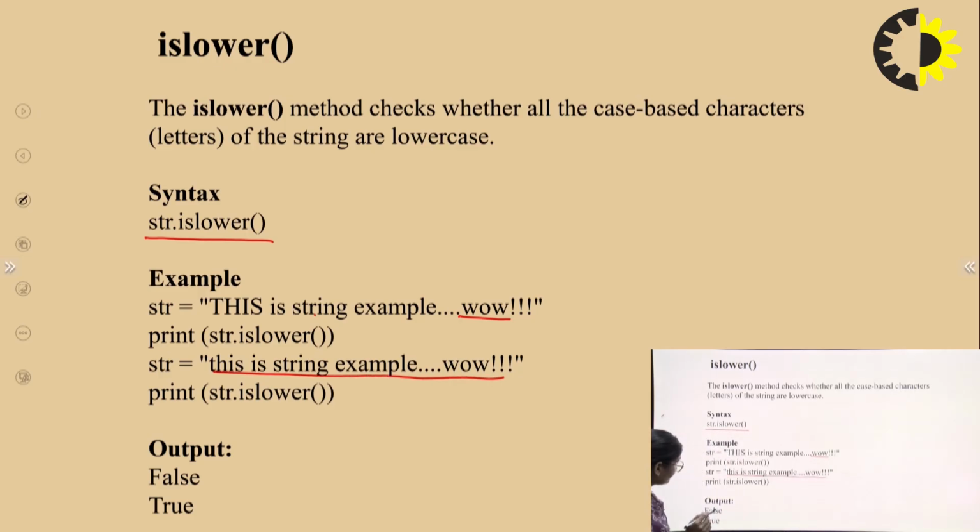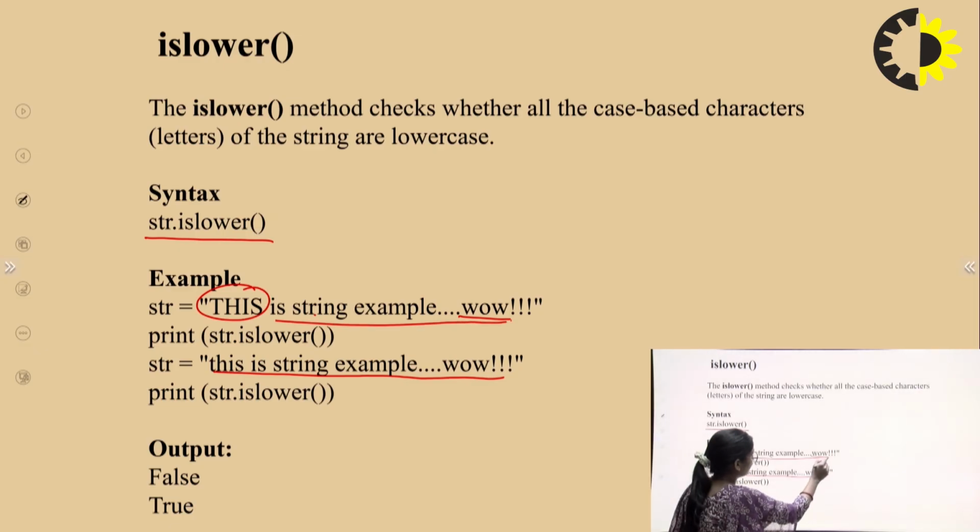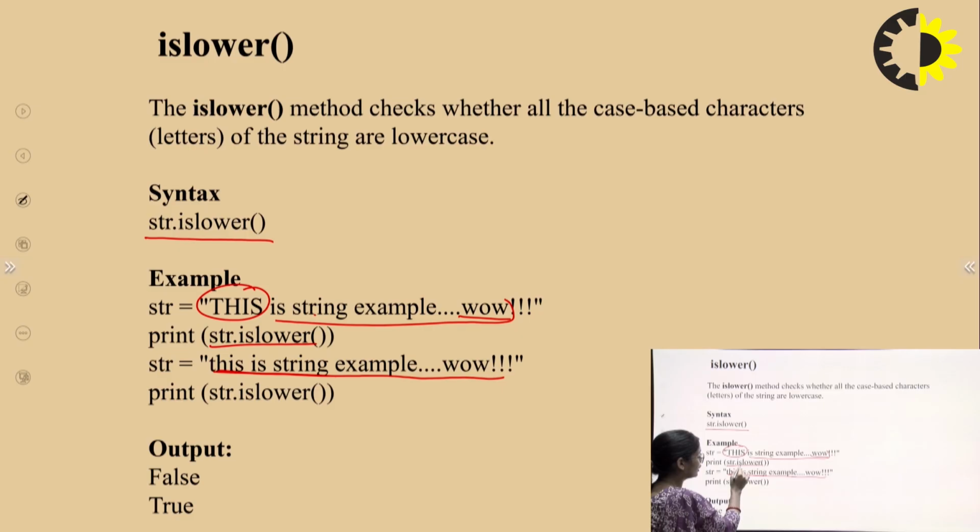Here this one is in uppercase, and here all the characters are in lowercase. So for string dot islower, this one is in uppercase, so the output is false, and for this the output is true.